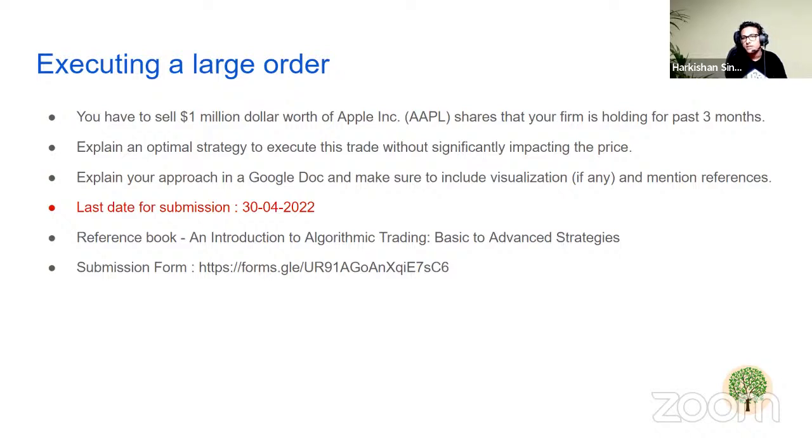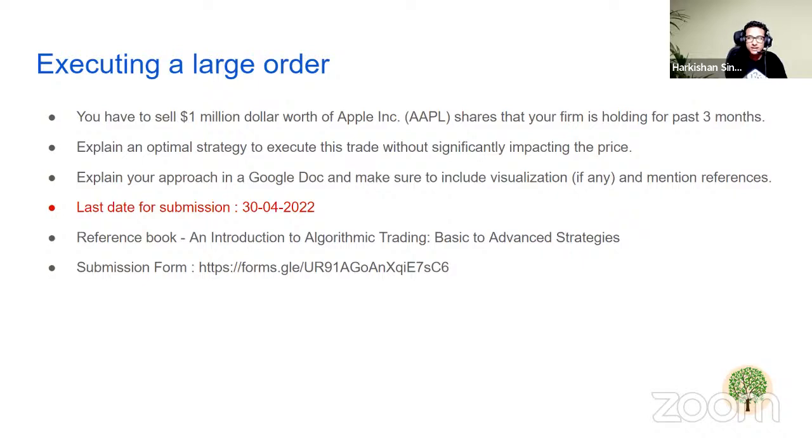Aditya, do you have some doubt? Please go on. Aditya, you can unmute. I was wondering if there was a time limit in which we have to execute the sell of the $1 million shares. I'm saying it should be optimal execution.